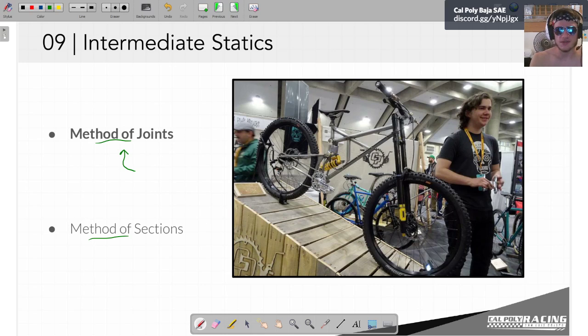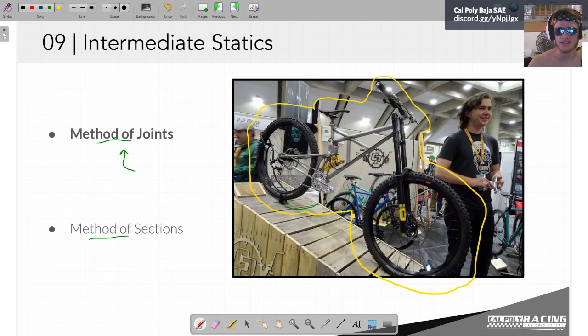For something like this bike, if you guys, especially those of you that are new to Cal Poly, are interested in biking, downhill, mountain biking, that kind of thing, you should check out Cal Poly Bike Builders. I don't know what they're up to this year, but I think this is the one from 2019.